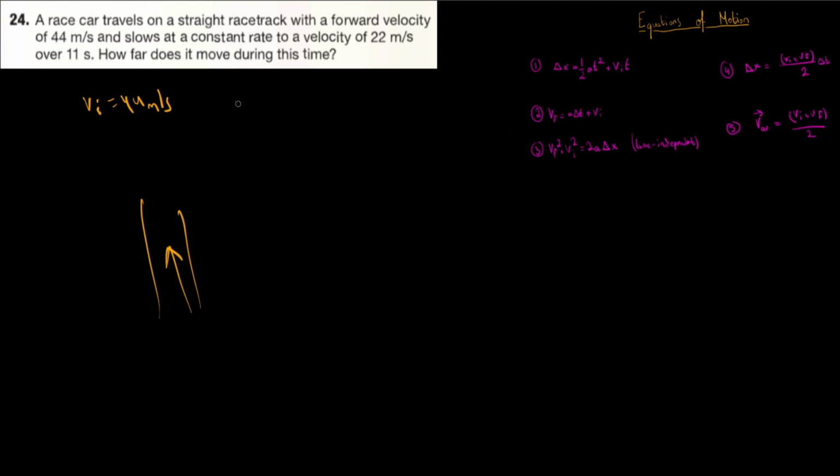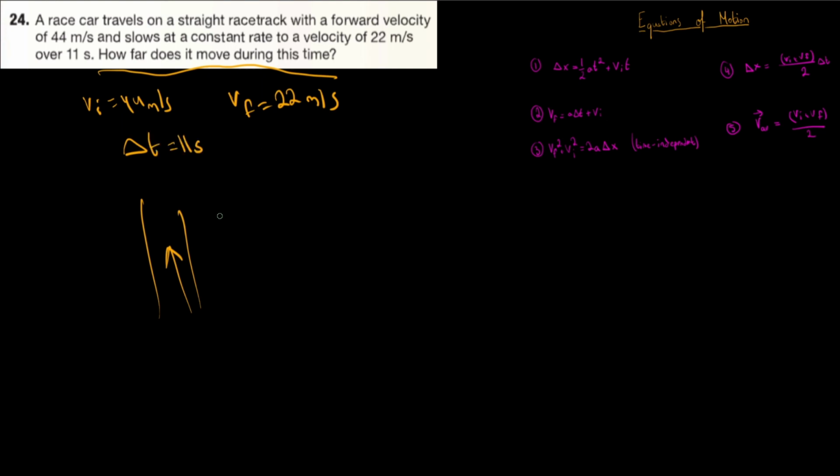But the question doesn't really ask for the acceleration, it asks for the displacement, so we don't really need it. So v final is equal to 22 meters per second. And the time it took to slow down is 11 seconds.